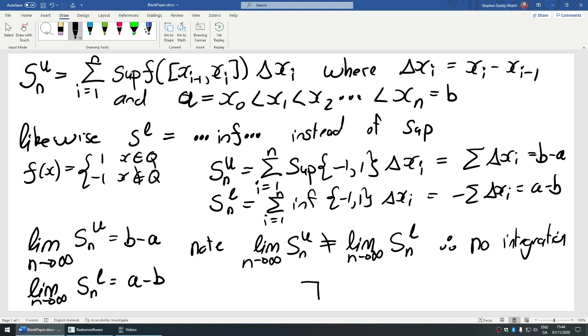So there does not exist a convergent integral for this problem from a to b of f(x) dx. It doesn't exist. A trivial case would be when a equals b, but apart from that ridiculous trivial case, it doesn't meaningfully exist here. So not Riemann integrable, no convergent integral here, even though the function is bounded.